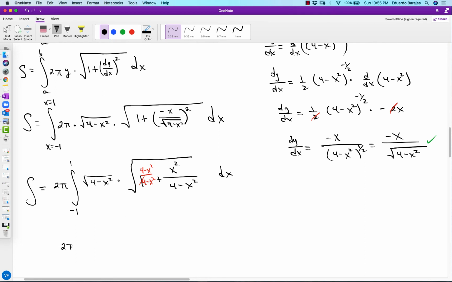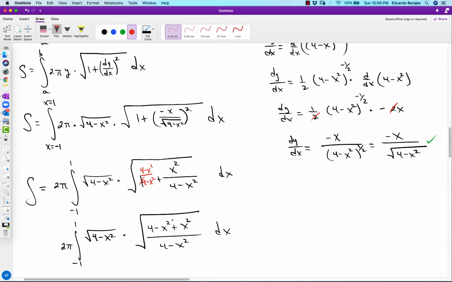So we get 2 pi times the integral from negative 1 to 1 of the square root of 4 minus x squared times the square root of (4 minus x squared plus x squared) divided by (4 minus x squared), dx. Now these cancel, and then I can simplify this.